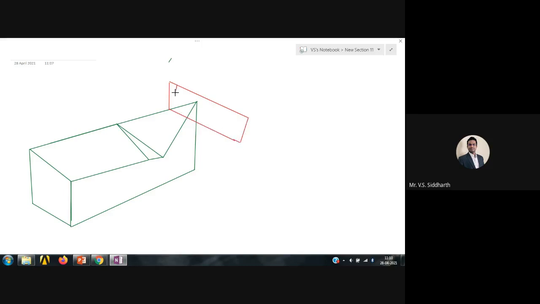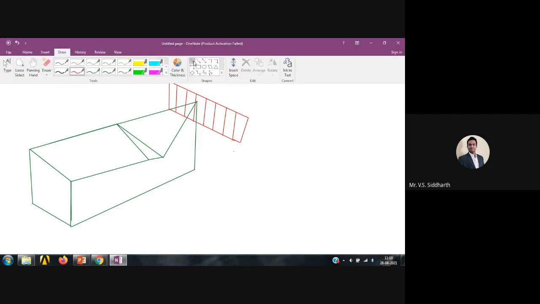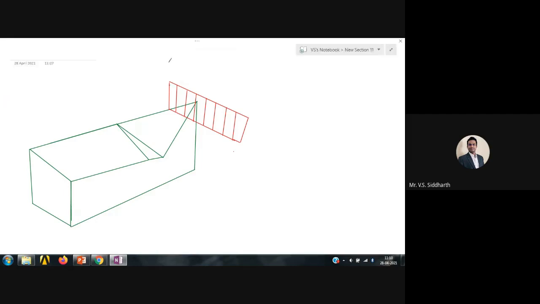Okay. Now the orthogonal plane. This is my orthogonal plane.